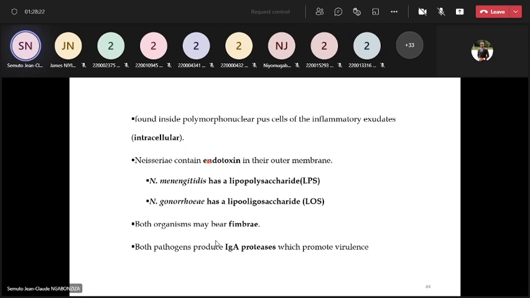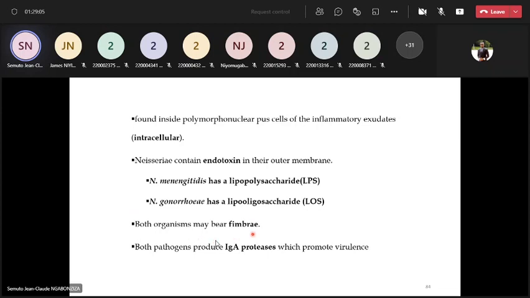They contain endotoxin in their outer membrane. Meningococcus has a lipopolysaccharide, as we have seen in gram negatives. And the gonococcus has lipo-oligosaccharide.